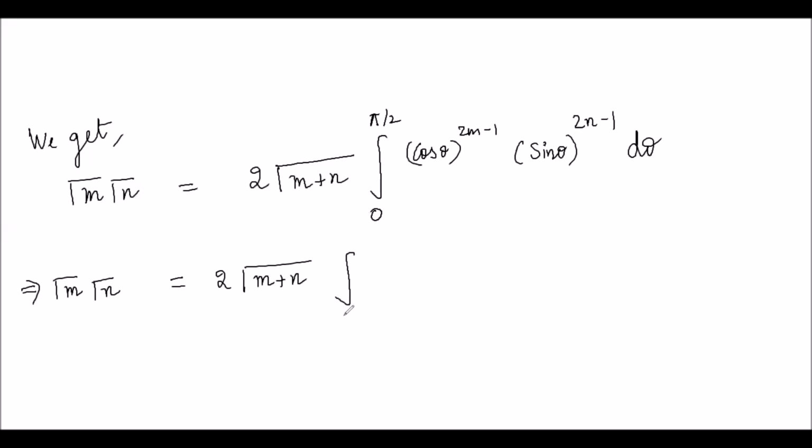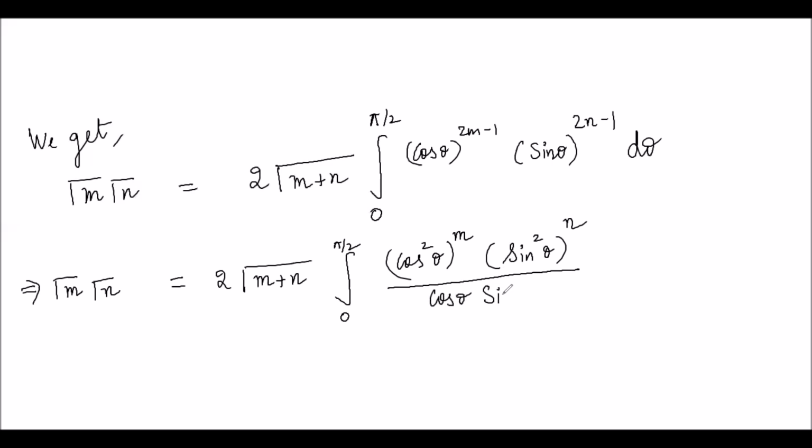Let us rewrite this. We can write it as cos square theta raised to power m, sin square theta raised to power n, divided by cos theta sin theta d theta.